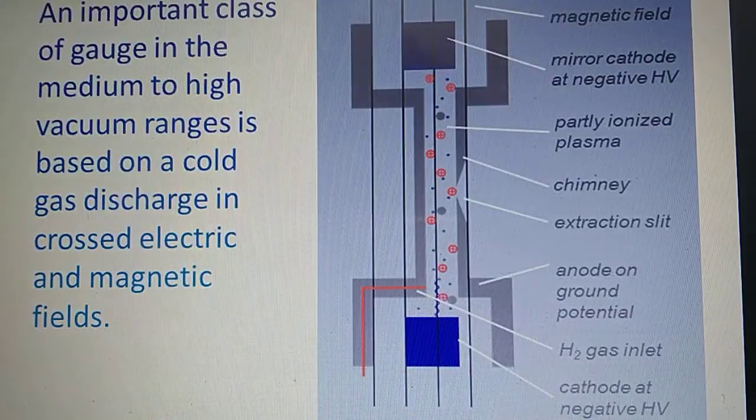Let's go for the next slide. Now let us try to understand the diagram. An important class of gauge in the medium to high vacuum range is based on the cold cathode ionization, or I can say cold gas discharge in crossed electric and magnetic fields. That means the electric field and magnetic field are perpendicular to each other.